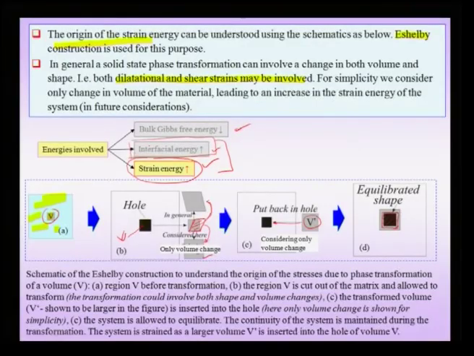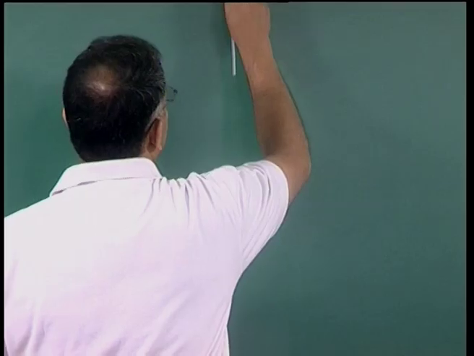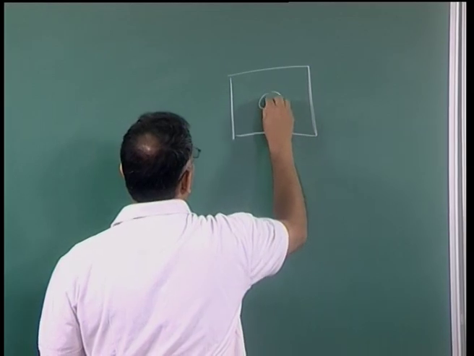So, we have tried to understand 3 terms that contribute to the formation of, for instance, a phase transformation. One is the Gibbs free energy, which helps you; the interfacial energy, which we just now understood, which tries to oppose you, because similar to the surface, the interface atoms are poorly bonded with respect to either the solid, the matrix or, for instance, the precipitate. So, suppose I have a system here with a precipitate beta.